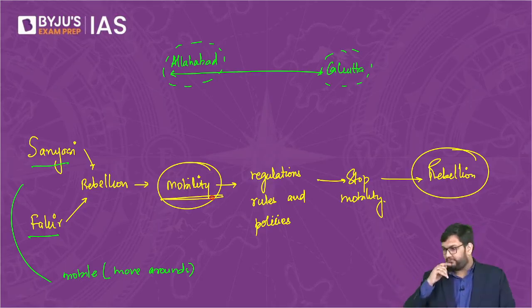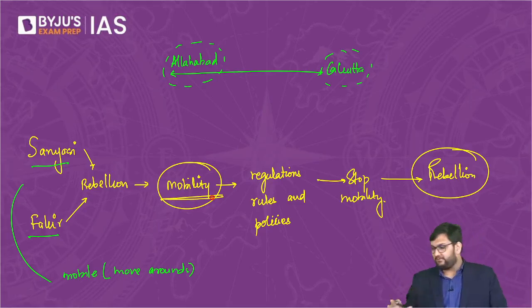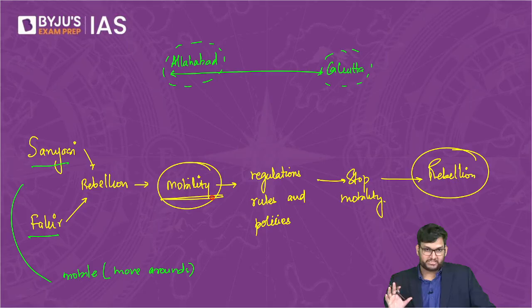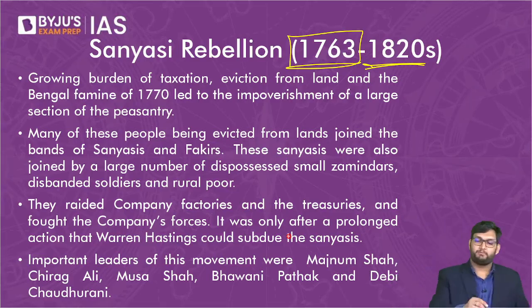The British are very, very anxious and cautious with regard to certain communities. This is that one community which they don't want to touch and don't want to be mobile. So what is the basic grievance here? The grievance is basically policy. It is colonial policy which leads to rebellion. So for sannyasi or fakir, the basic concept is policies. You have the growing burden of taxation.